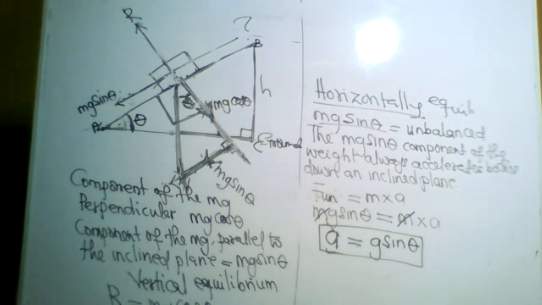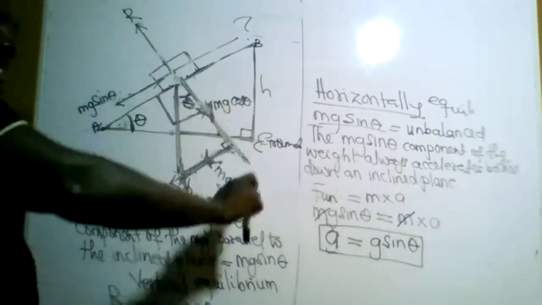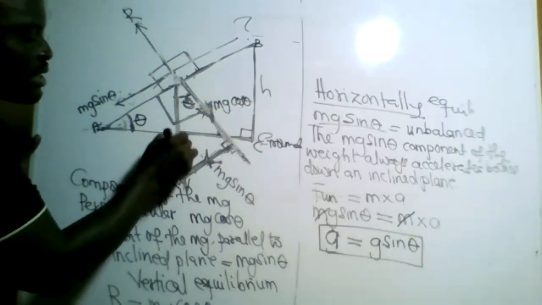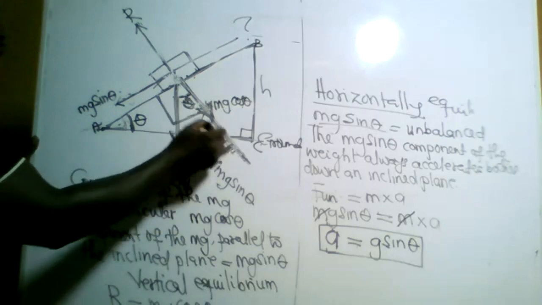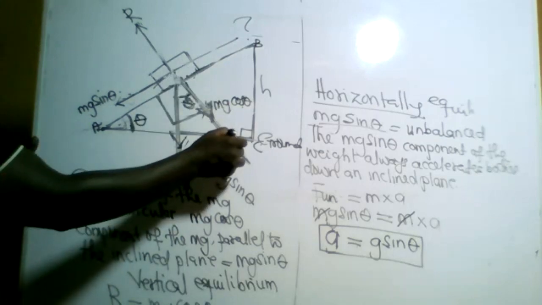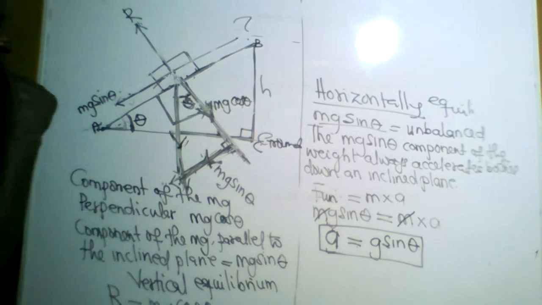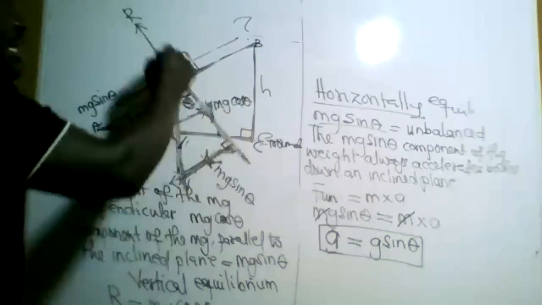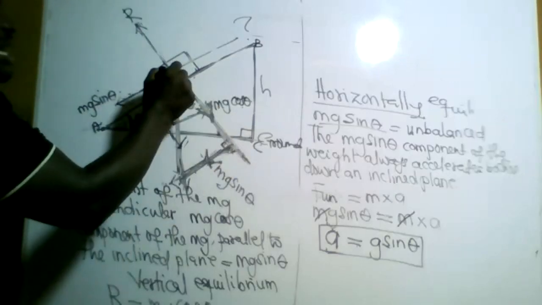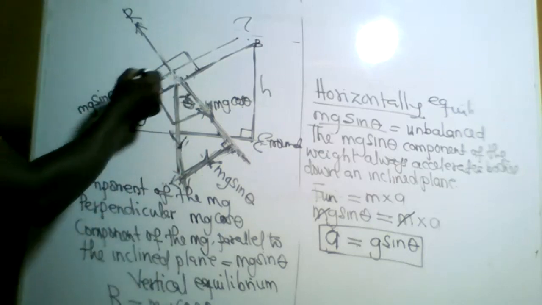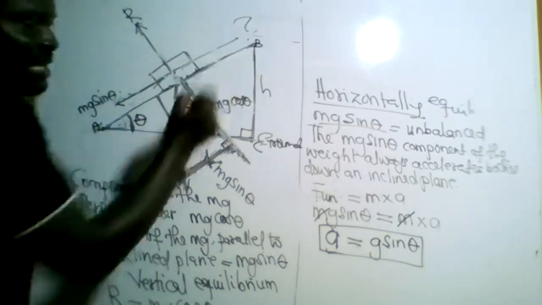Do you get it? Yes. I think this is because the weight is resolved, so we have the adjacent mg cos theta and the opposite mg sin theta. Vertically this will be balanced, R will be equal to mg cos theta. But horizontally, mg sin theta is unbalanced.